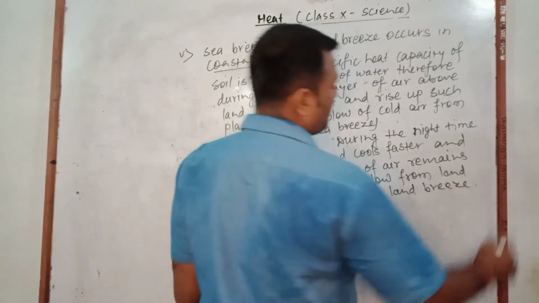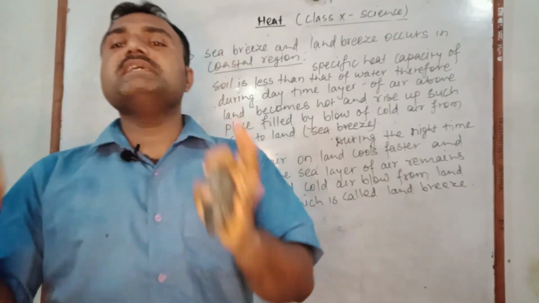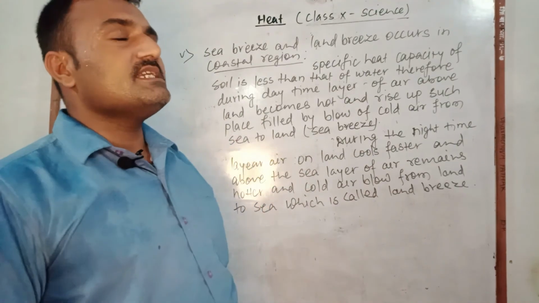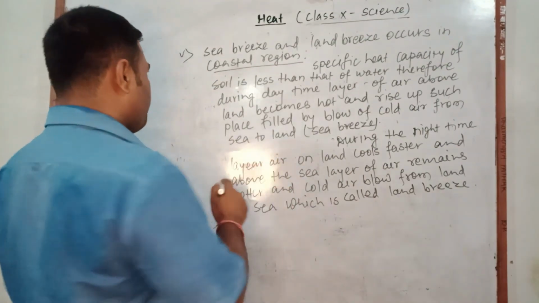In this way, the main reason for sea breeze and land breeze is the difference in specific heat capacity of land or soil and water.